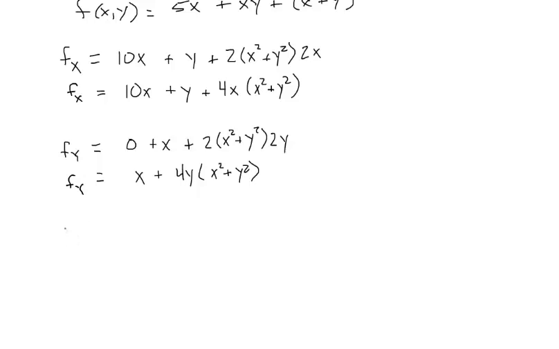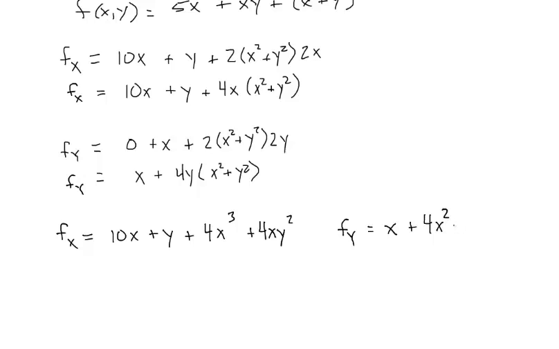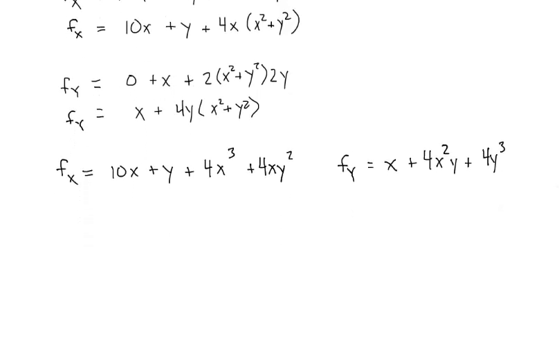So here I'm going to rewrite f of x equal to 10x plus y plus 4x cubed plus 4xy squared. And I'm going to write f of y as x plus 4x squared y plus 4y cubed.